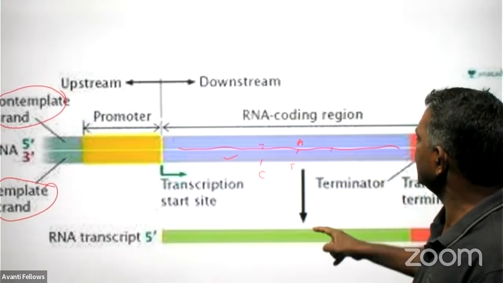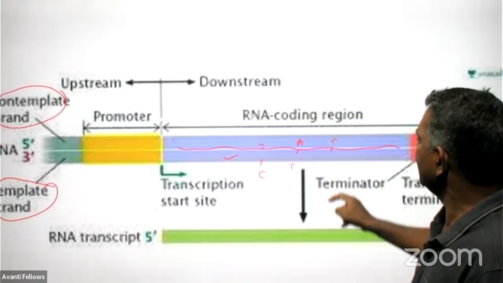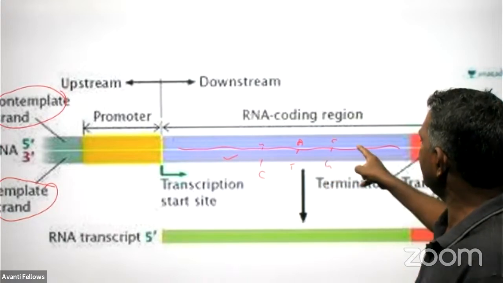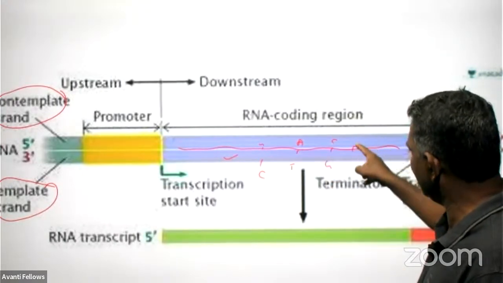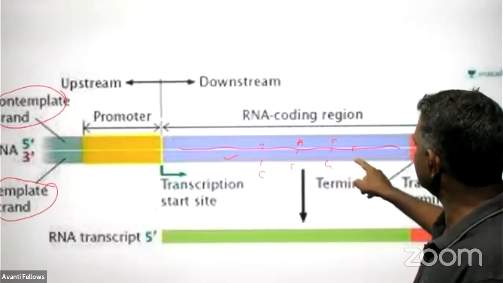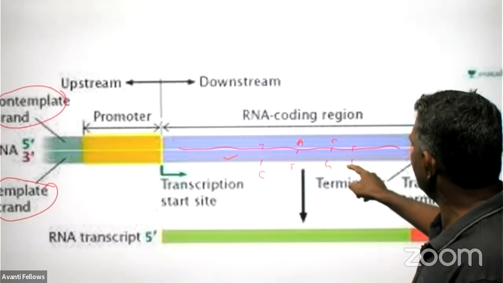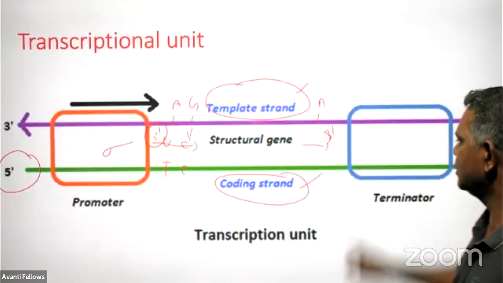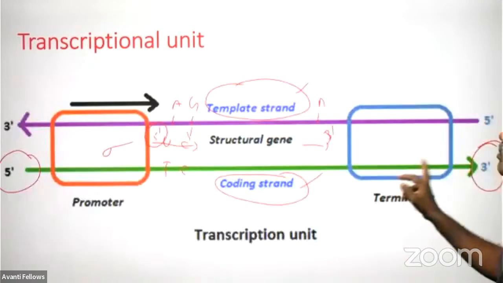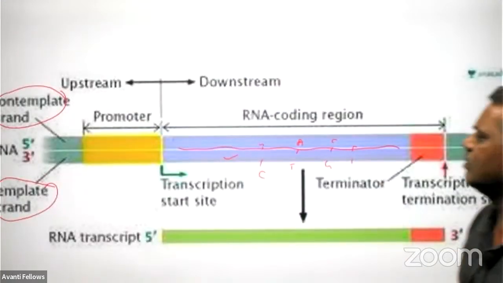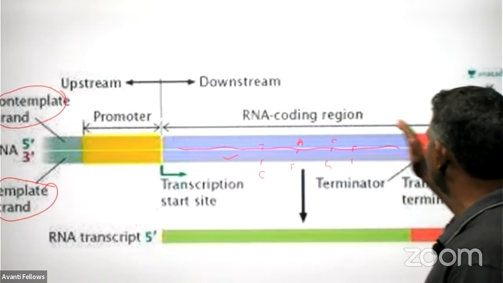And if it is C, naturally G will be here. And if it is A, here U will be there. So like that only new strands will be elongated from the 5' direction to the 3' direction.